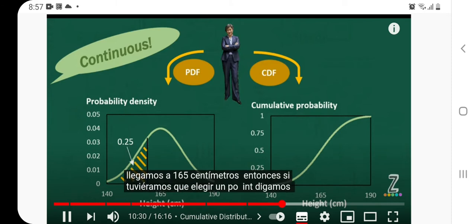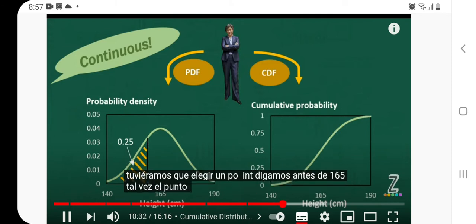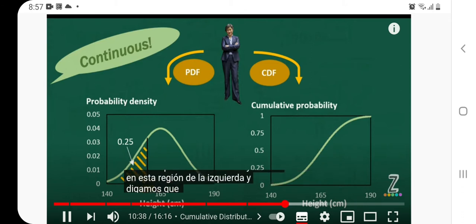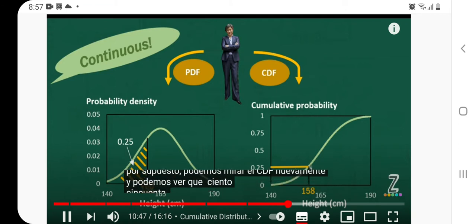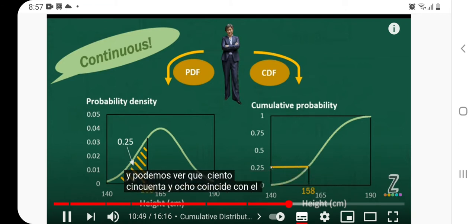So then if we were to choose a point, say, before 165, maybe the point where there's only 25% in this left-hand region, and let's just say that that occurs where the height is 158 centimeters. So of course we can look at the CDF again, and we can see that 158 matches up with the value of 0.25.